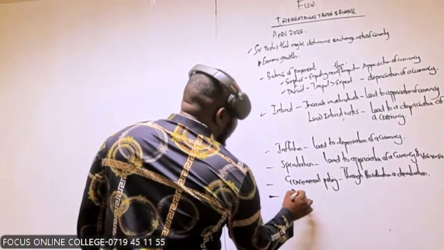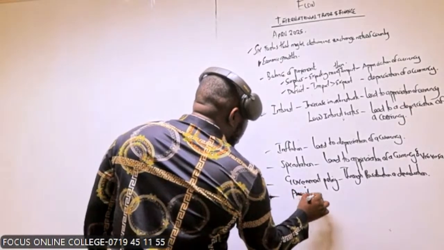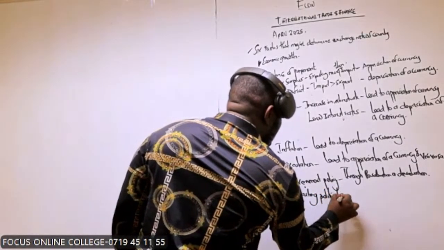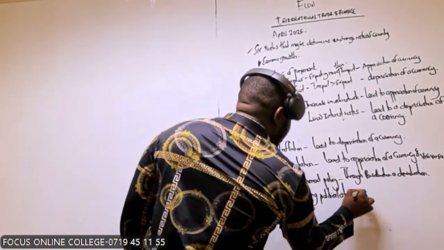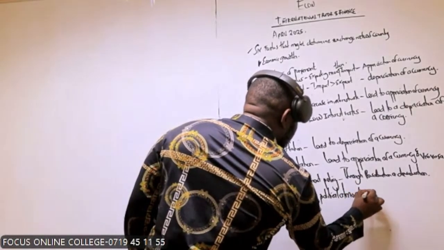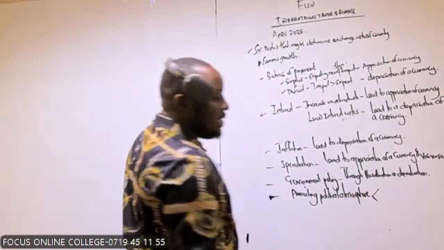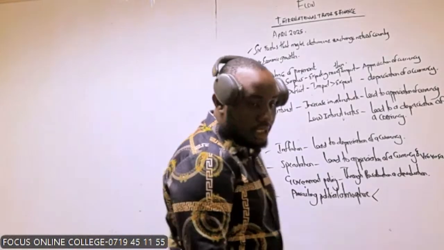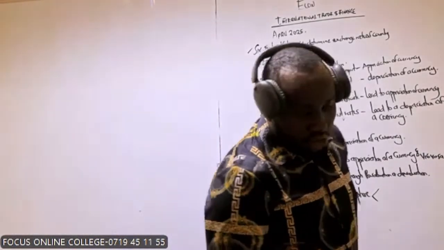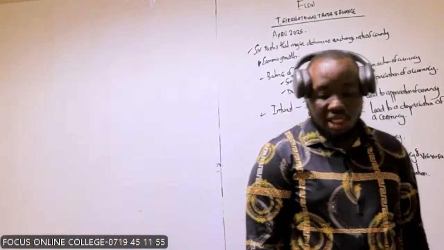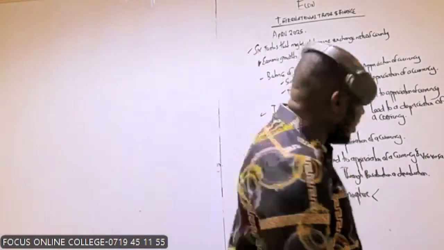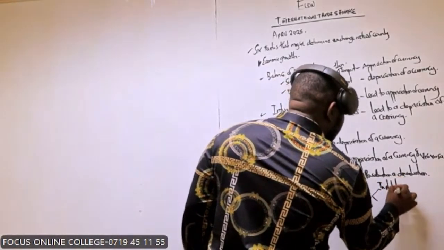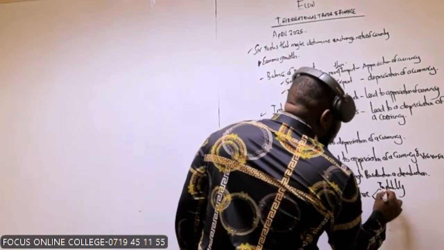And lastly, we can talk about the prevailing political atmosphere. Whenever we talk about the prevailing political atmosphere, we're talking about two things: political instability and what causes stability.